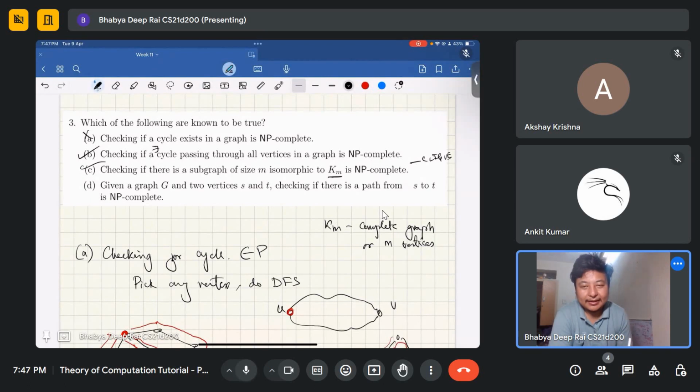Okay. And finally, we have this question. Given a graph G and two vertices S and T, check if there is a path from S to T. Is it NP complete or not? So here is the question.